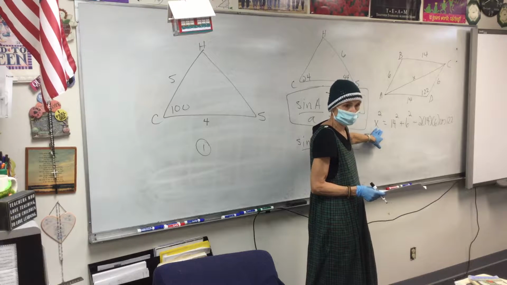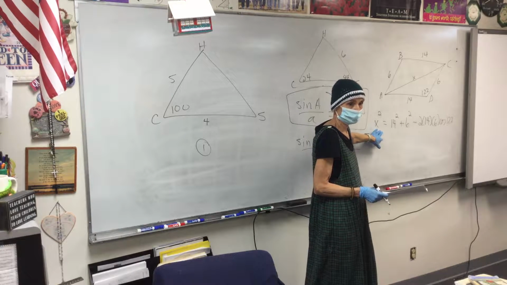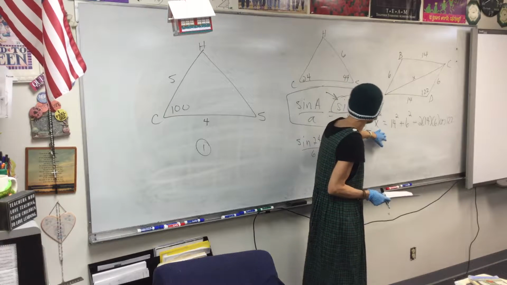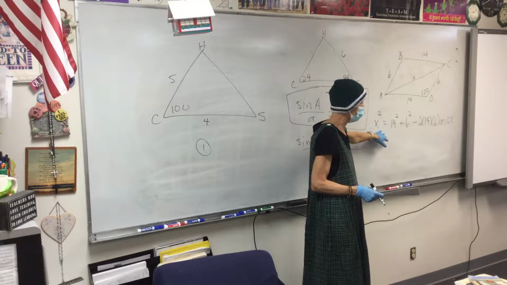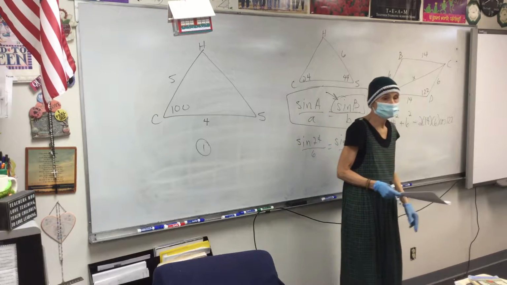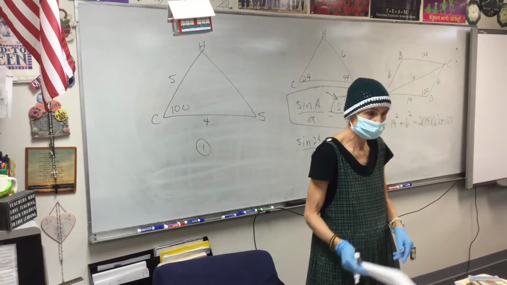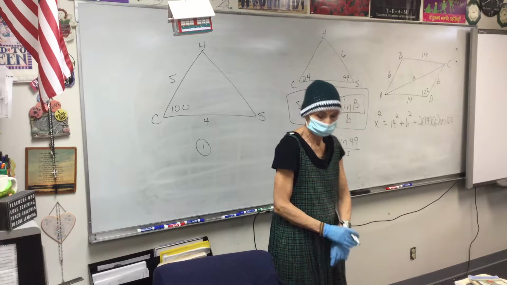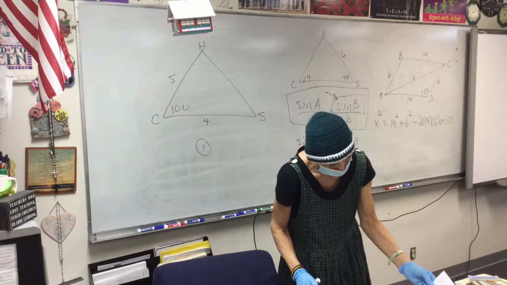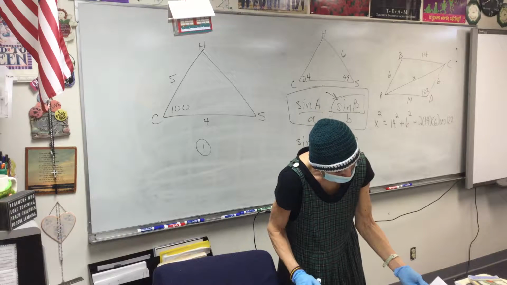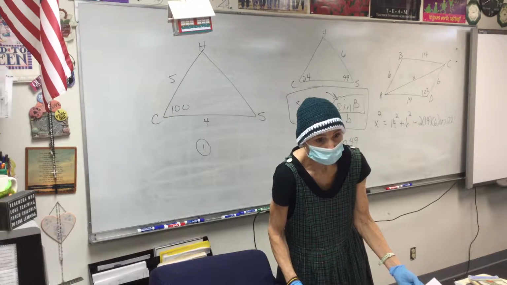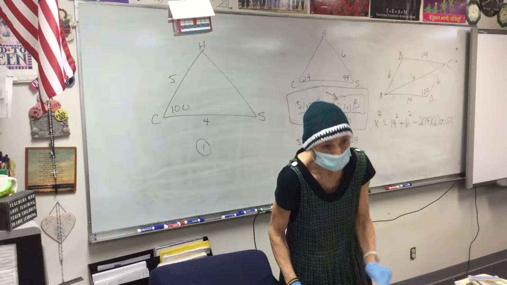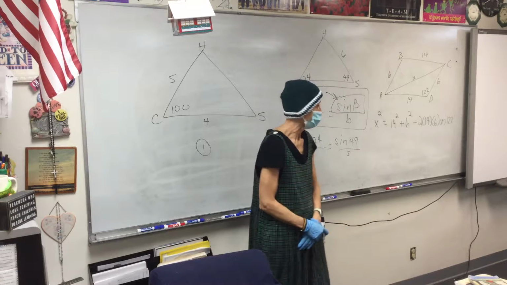I want you to take your calculator. 14 squared plus 6 squared minus 2 times 14 times 6 times cosine 122 equals. Okay, then second square root, second answer. And it should be 17.917.